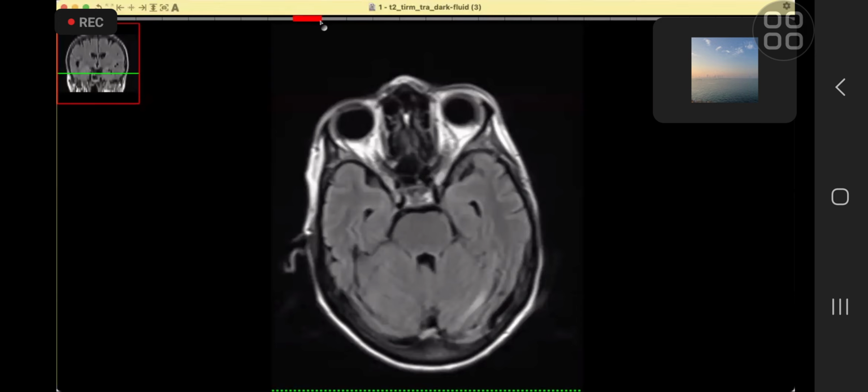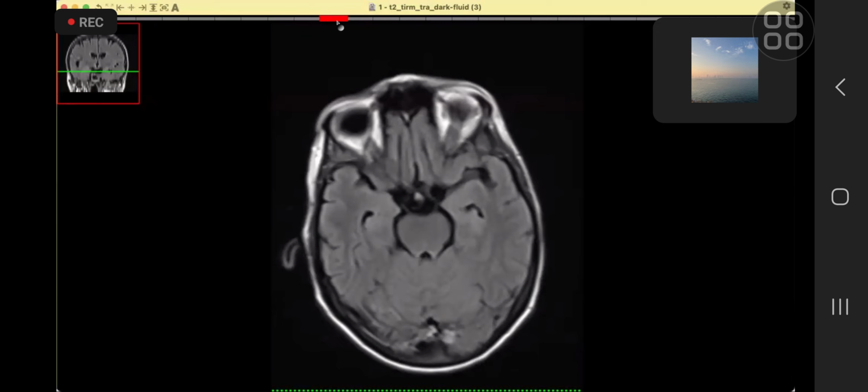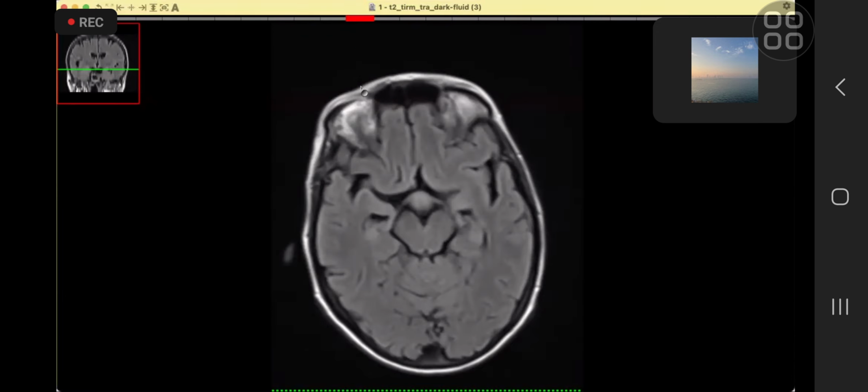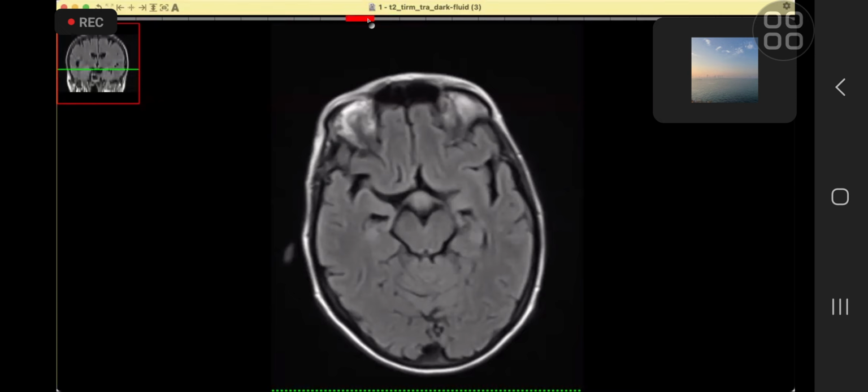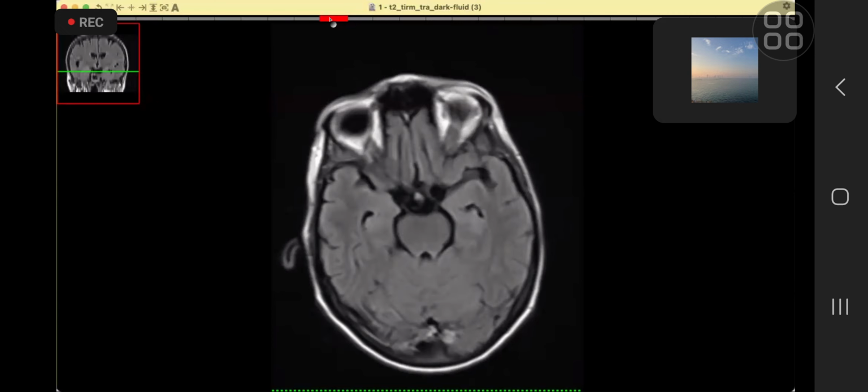Yes, I can see here in the suprasellar region a well-defined lesion which appears to be isointense in signal intensity. I'm trying to check the relation of this lesion to the optic chiasm.